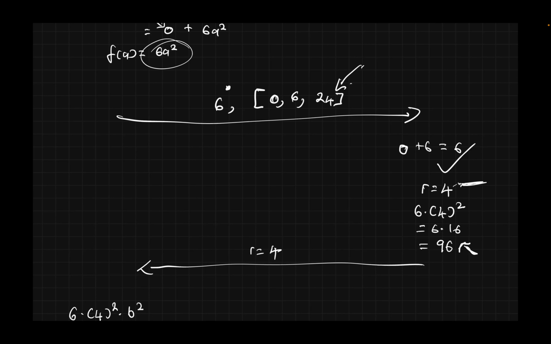So how would you calculate the next claim? It's giving the univariate poly, so you evaluate at R. To get the next claimed sum, you need to evaluate the last round poly that was sent to you at R. The last round poly is 0, 6, 24, which is the evaluation form of a quadratic polynomial.